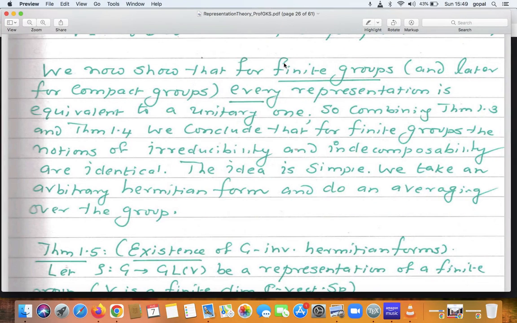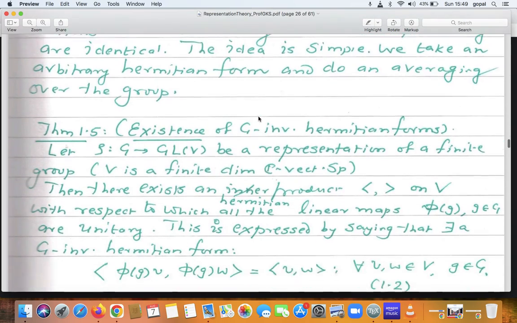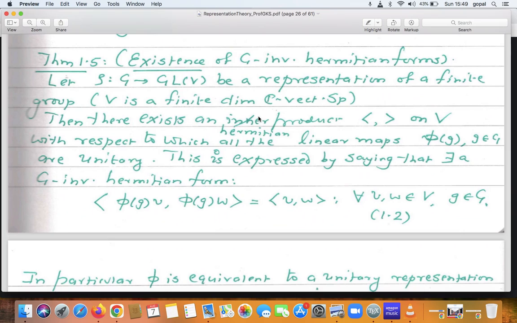Because only for these two kinds of groups, the finite groups and compact groups, are we going to show that every representation is equivalent to a unitary representation. The idea is very simple, namely averaging. So take a representation rho from G to GL(V), any representation of a finite group, where V is finite dimensional.